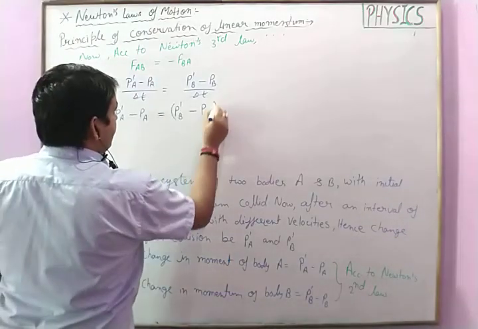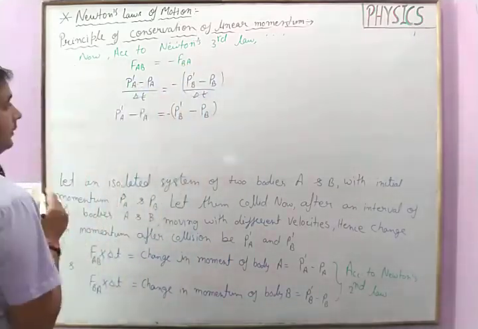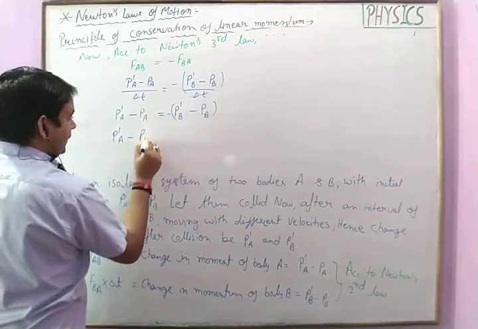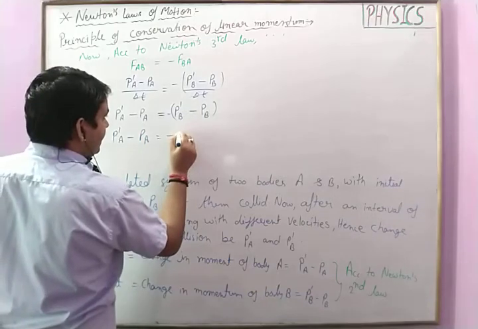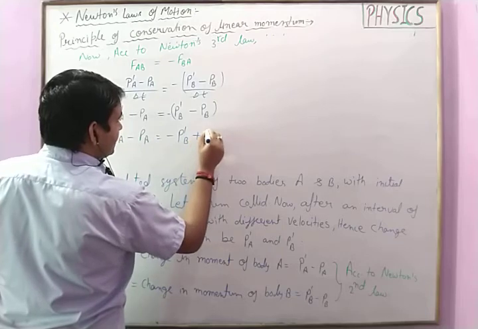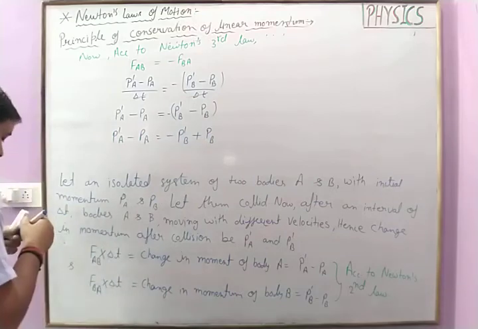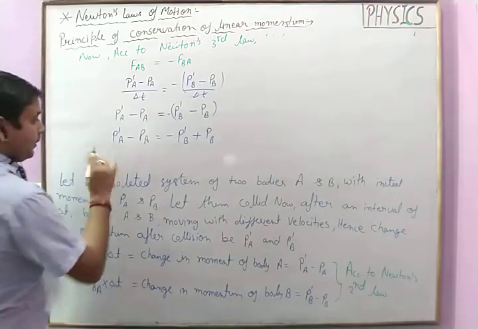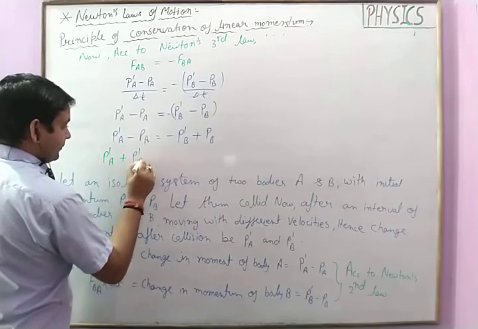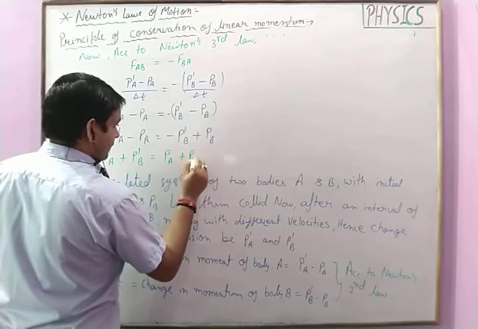And here the minus is multiplied in by P dash A minus PA, in brackets minus P dash B plus PB. Therefore, P dash A plus P dash B equal to PA plus PB.